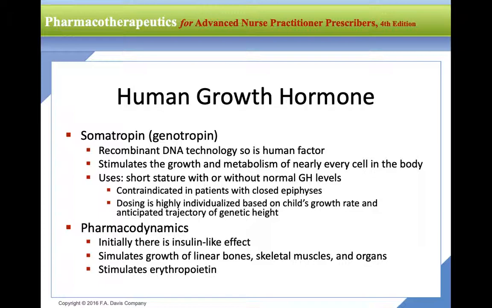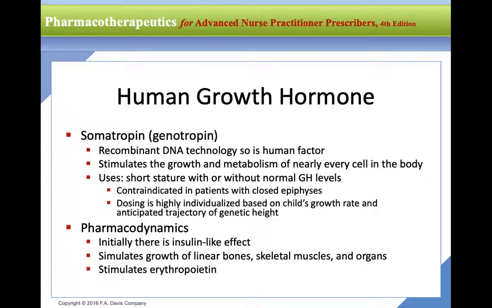So human growth hormone, you're not going to see this very much in family medicine, but the somatropin is recombinant DNA, so it is a human growth hormone.